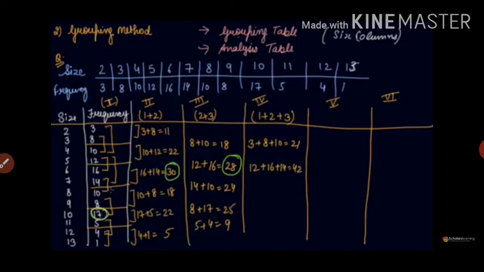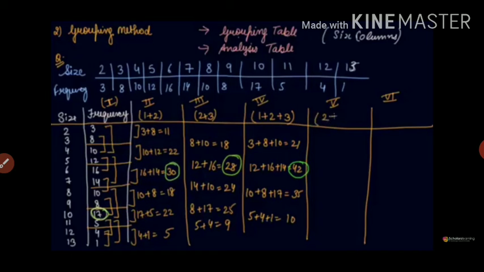Then 10 plus 8 plus 17, which is equal to 35. Then 5 plus 4 plus 1 is 10. So the highest frequency in this is 42, and we mark the 42.